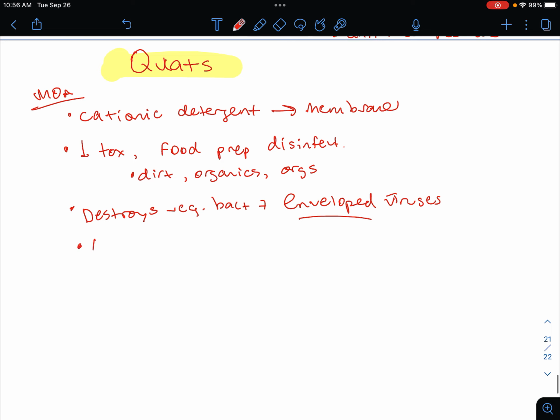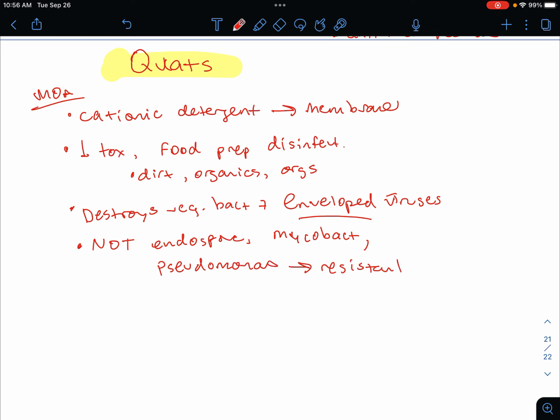It doesn't work on endospores or mycobacteria. Mycobacteria have a waxy cell wall, so it doesn't affect them. Non-enveloped viruses aren't affected either. Pseudomonas are resistant. And just like iodine, the Pseudomonas will grow in these quaternary ammonium compounds as well.